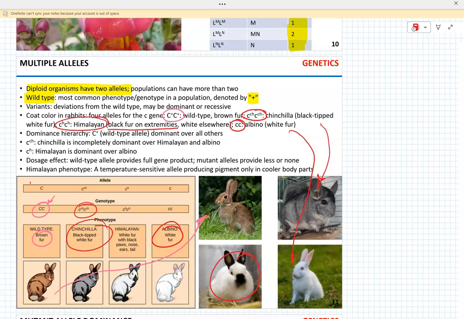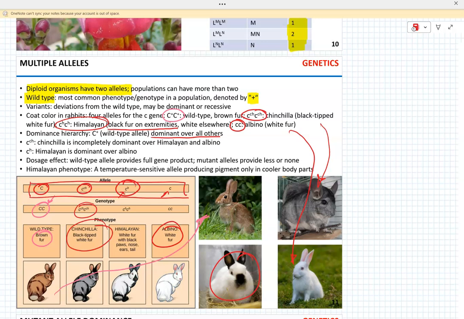These alleles here are arranged in terms of the dominance hierarchy. The C+ allele is the most dominant over all other alleles. The chinchilla allele is incompletely dominant over Himalayan and albino, and Himalayan is completely dominant over albino.